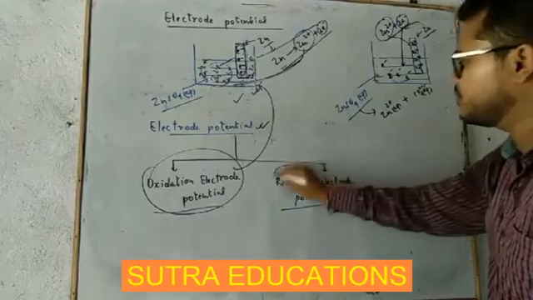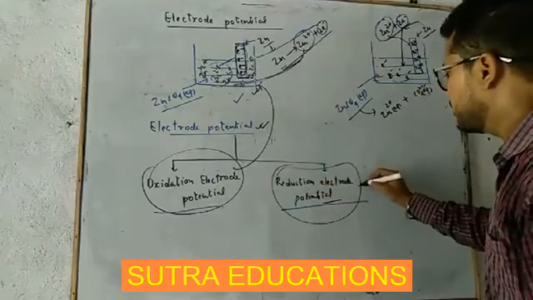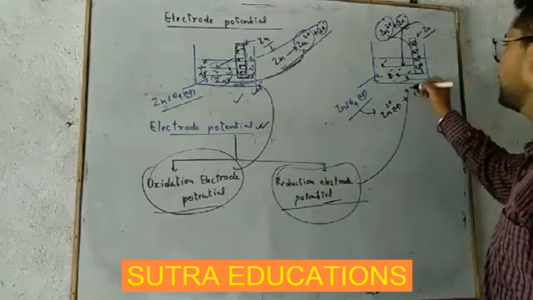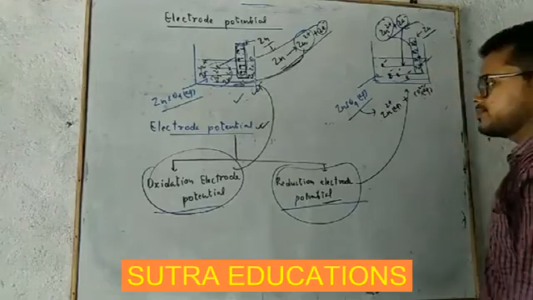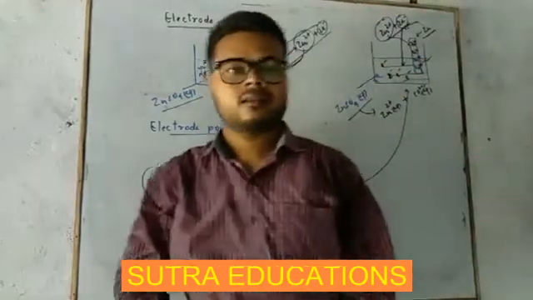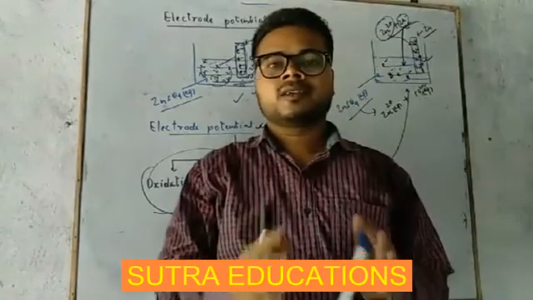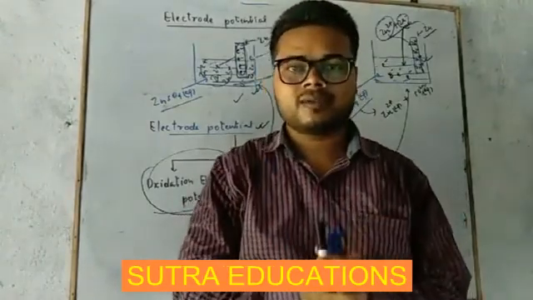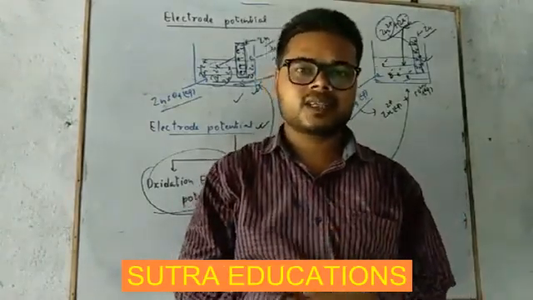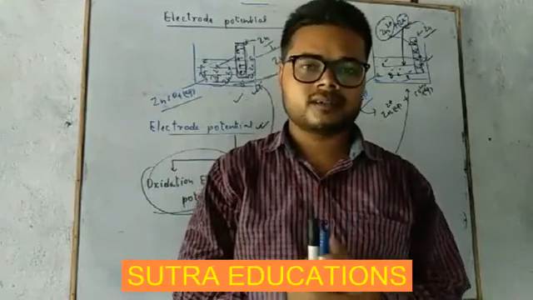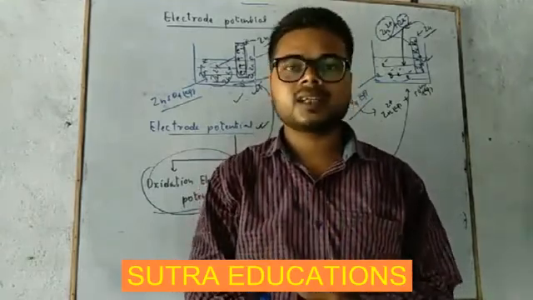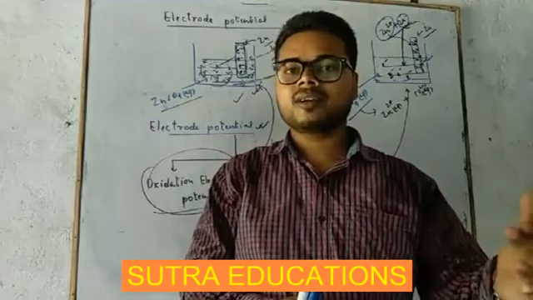So this time you are going to encounter the reduction electrode potential of this electrode. Clear? So very simple. One is oxidation electrode potential, the other is reduction electrode potential.